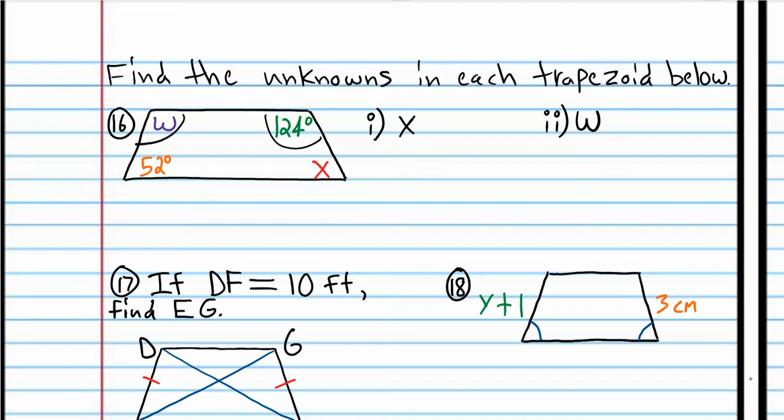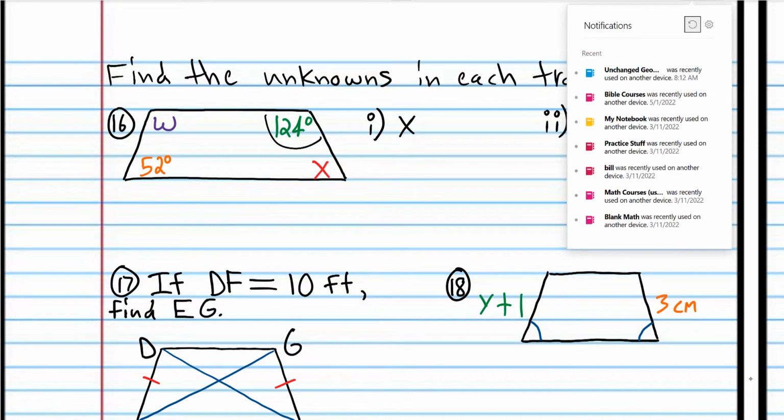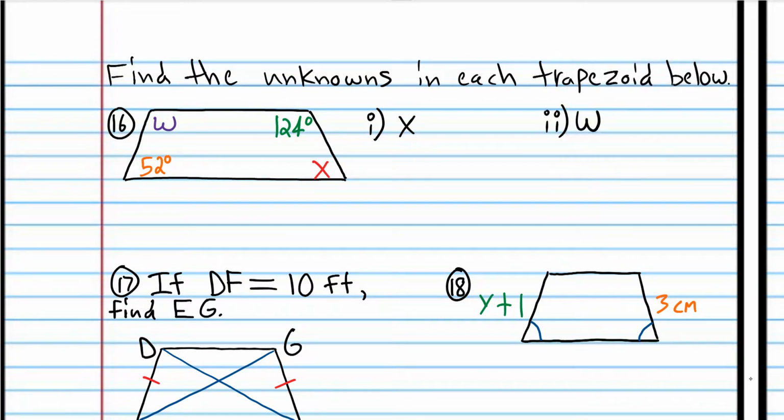But non-base pair angles are angles where these two here, the common side, which is this side, that's not a base. So they're non-base pair angles. This would be another pair of non-base pair angles, because the common side of those angles is this side, which is, again, not a base of the trapezoid.